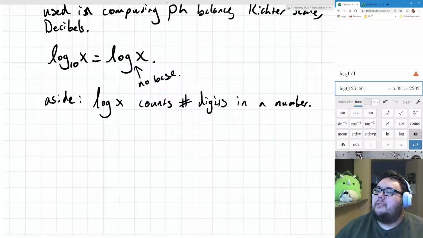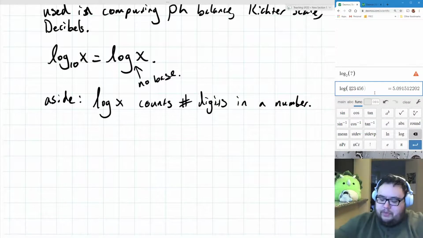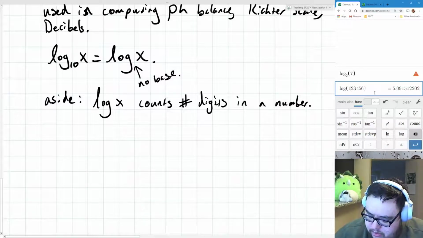So it's 5 digits after the 1. So it is one more. So it counts the number of digits in the number minus 1.